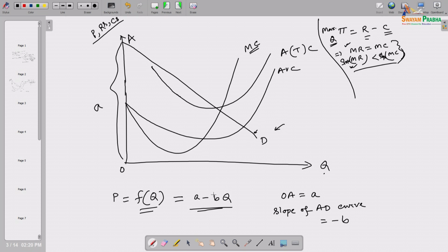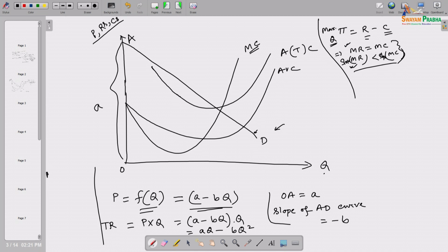If this is the case, what will be the total revenue of that producer? Total revenue is price into quantity. The price is A minus BQ, so total revenue will be AQ minus BQ squared.